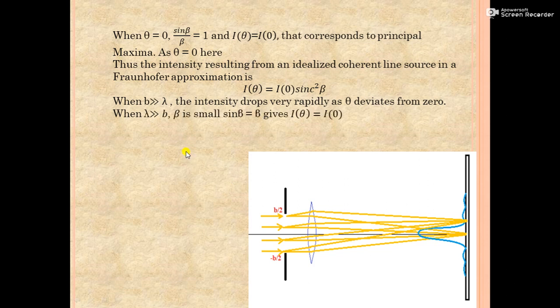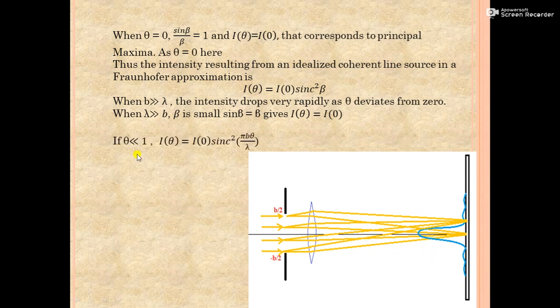And when lambda is very much greater than b, beta is small, and sin beta equal to beta gives I theta equal to I naught, a constant. We get constant spherical waves.